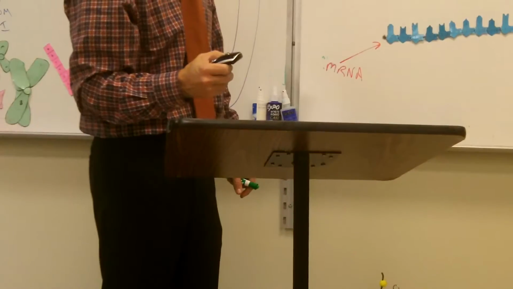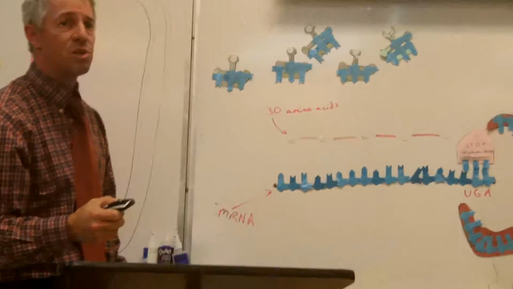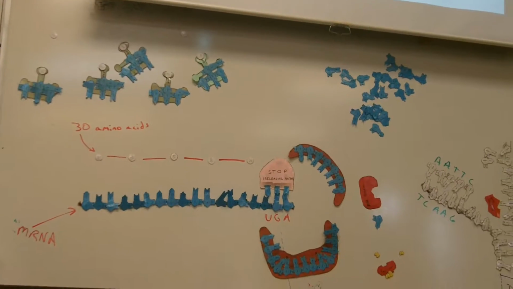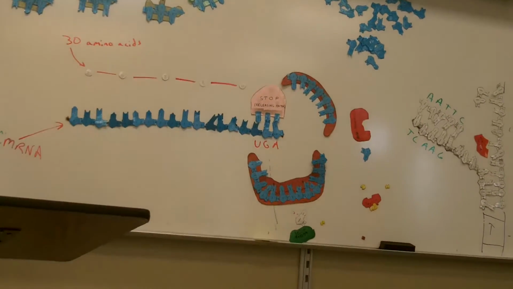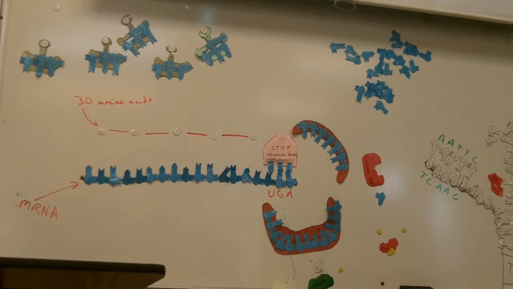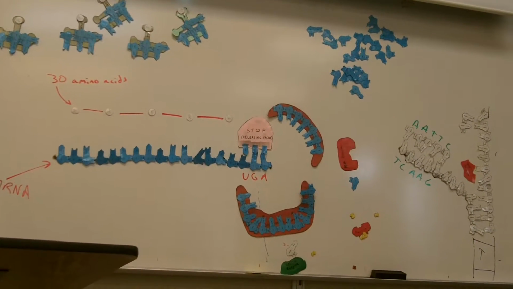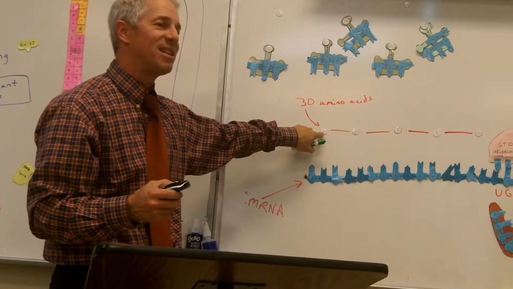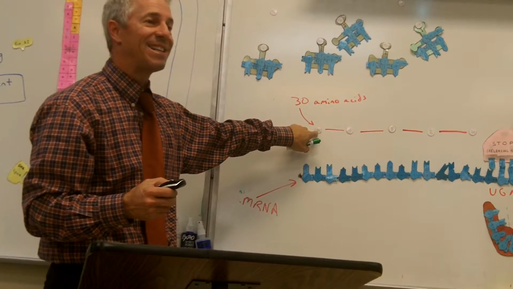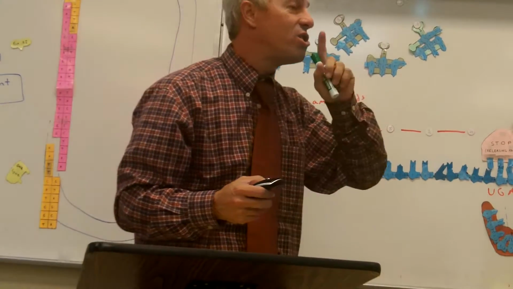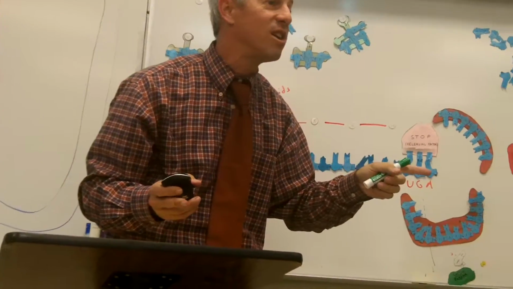Now some mutations are called silent mutations. A silent mutation is like this last letter: if it changes from C to T, that'll code for AAA, but AAA still codes for lysine. So you get the same amino acid in the protein, and it doesn't change anything. It's a silent mutation.